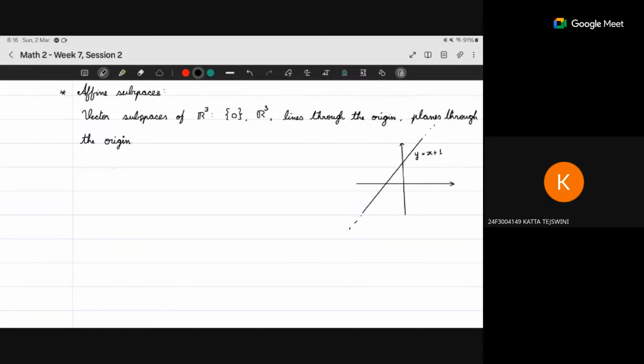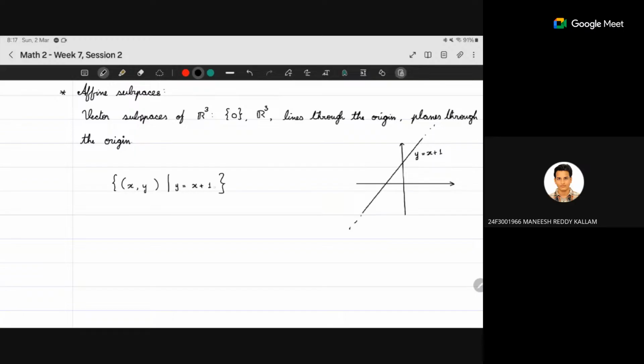So how do you represent this as a set? Can you give me the set theoretic representation of this line? What does a point typically look like? Of course, x comma y where y is equal to x plus 1.